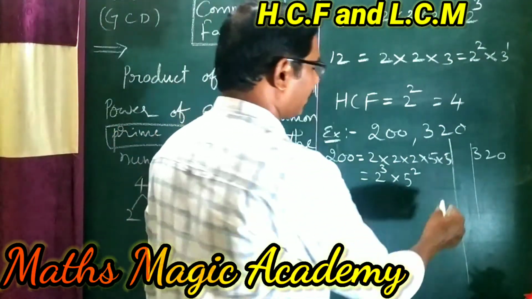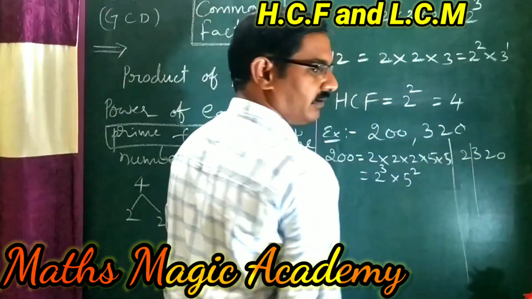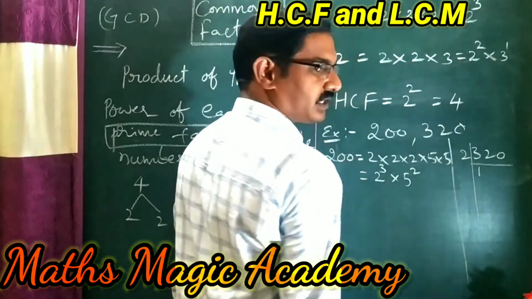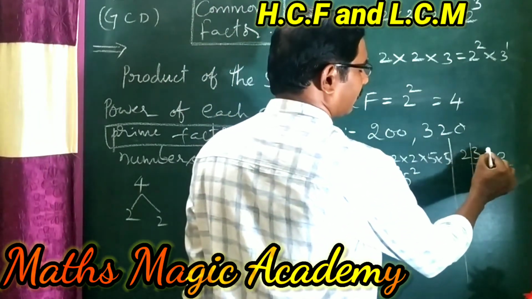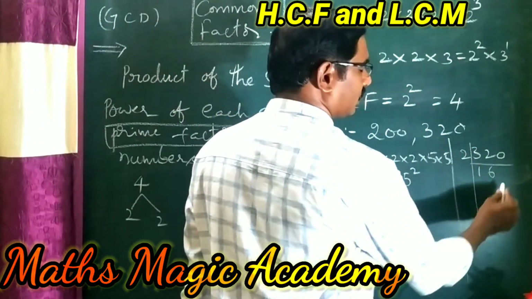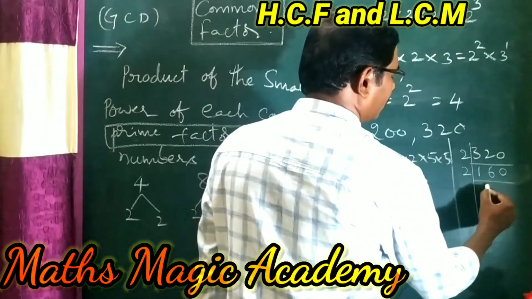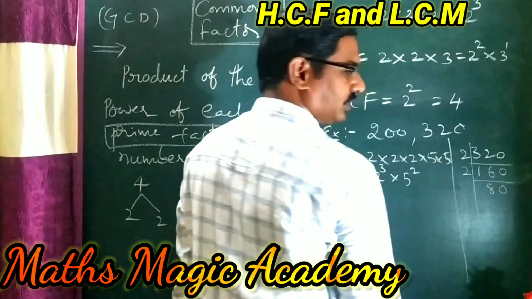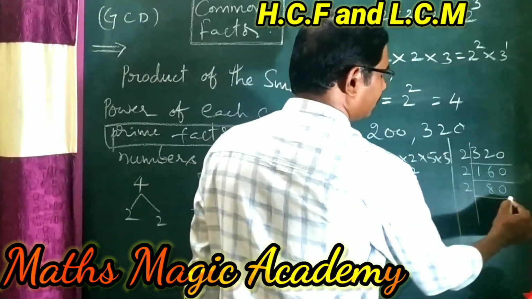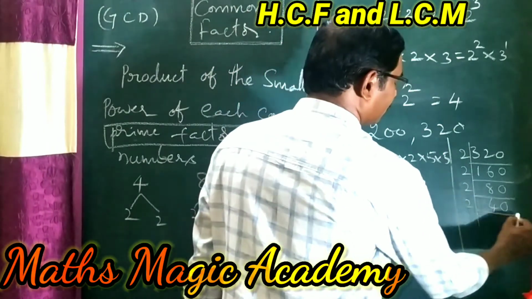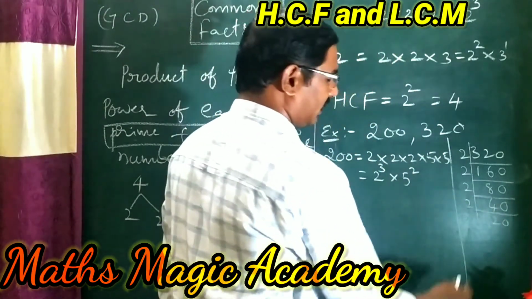See this one, how can I do it? With 2 only I will start. 2 ones are 2 and 1 will be there. 1 and 2, 12. 2 sixes are 12 and 0. Again with 2, 2 eights are 16, 0. Again with 2, 2 fours are 8, 0. Again with 2, 2 twenties are 40.